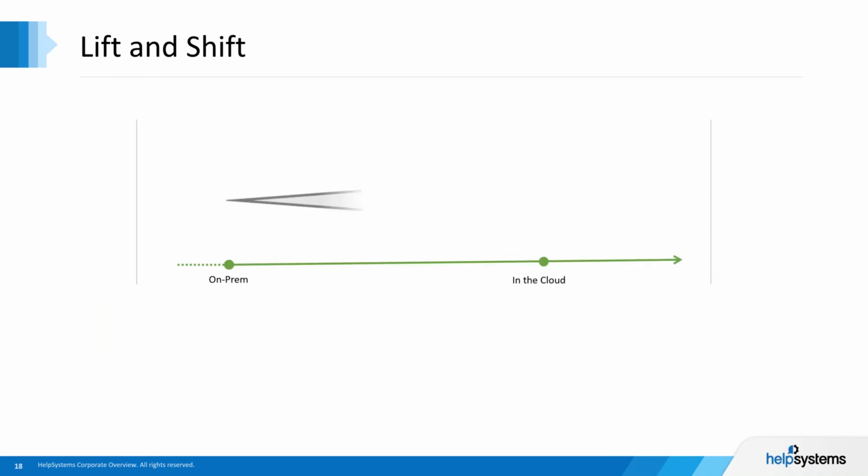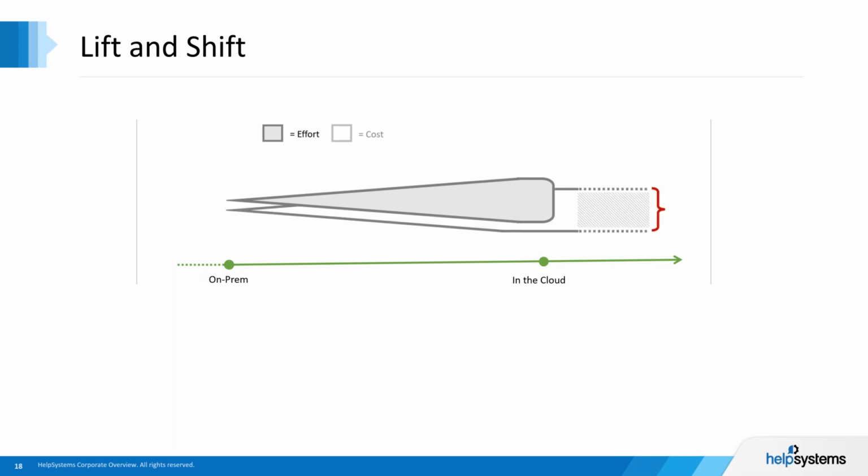So basically you have this investment later. The effort upfront is very low, and then you move things over to the cloud, and once you're there, you may consider doing some sort of refactoring, and that's when the effort needs to happen. From a cost perspective, you don't really have any initial costs. It's a smooth process from that perspective.